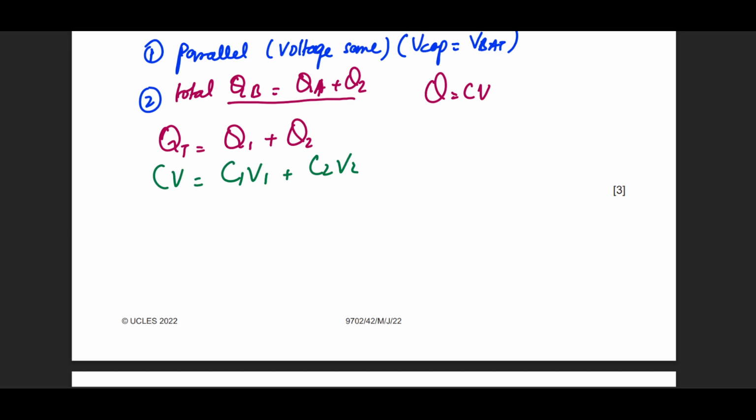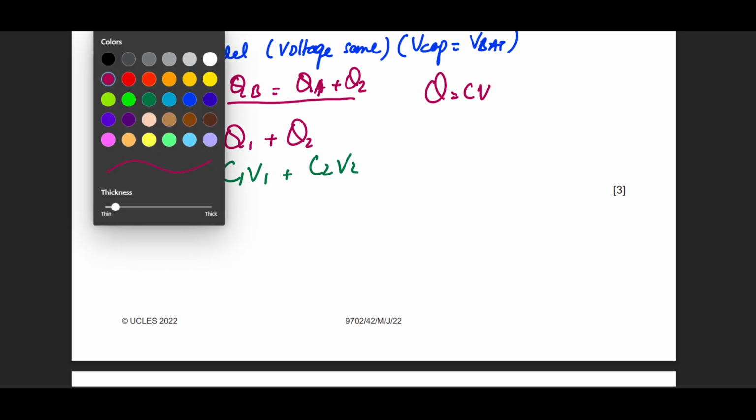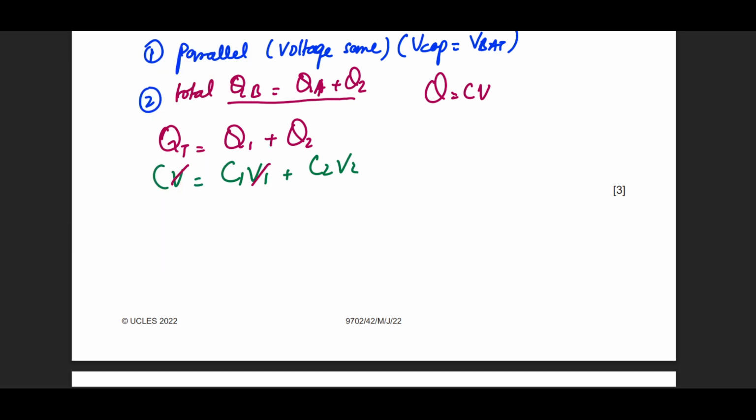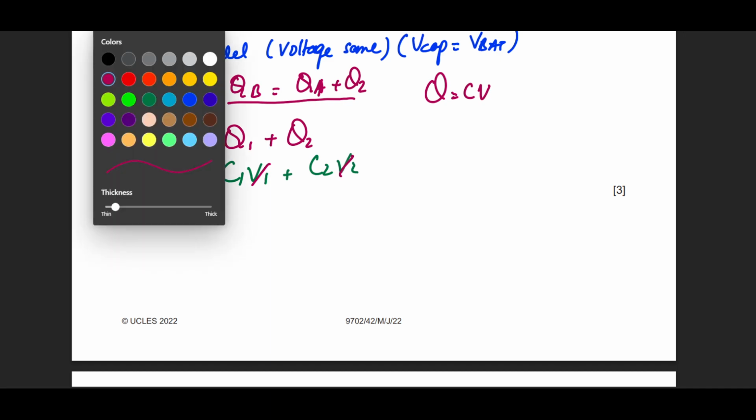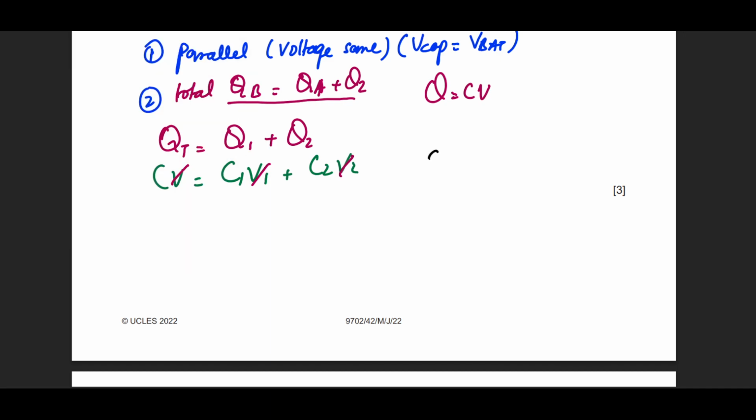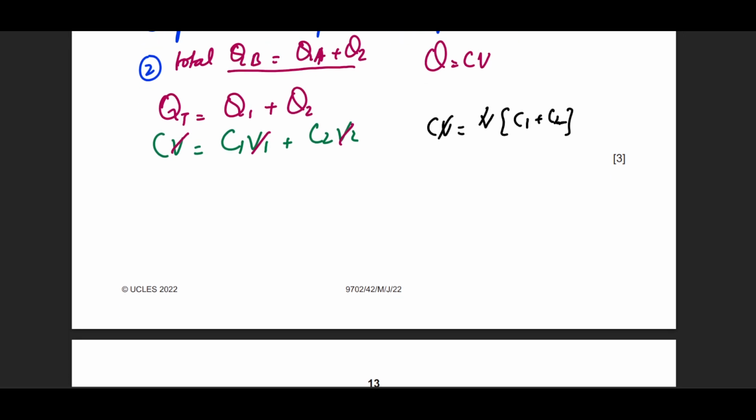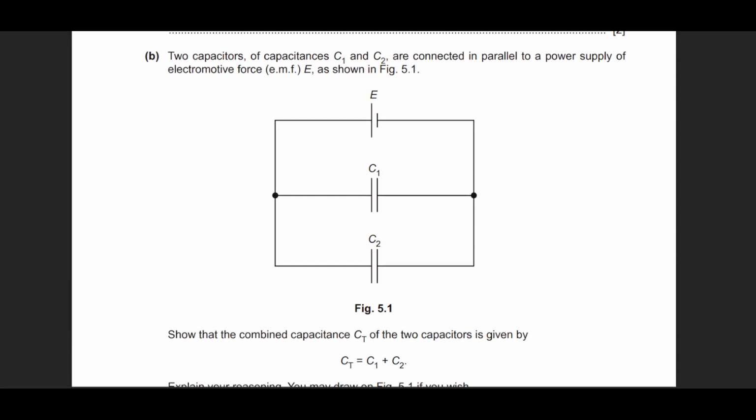And since we know the voltage is the same because it's connected in parallel, the V1 and V2 cancel out by taking them common on the outside. Mathematically speaking, that's what's happening. So CV equals V into (C1 plus C2). V cancels out with V because they're in parallel, voltage is the same. So the total capacitance comes out as C1 and C2 added together. Then in place of these two, I could have connected just a single capacitor that had a value of C1 plus C2 as an equivalent capacitance.